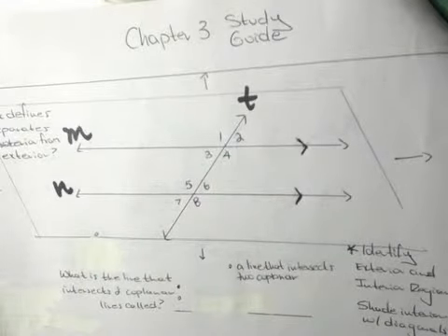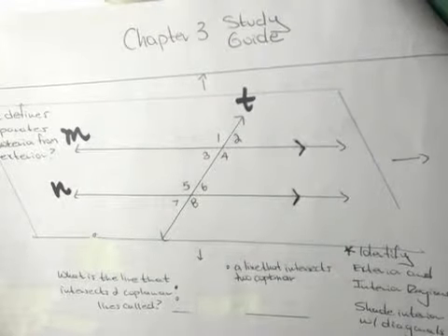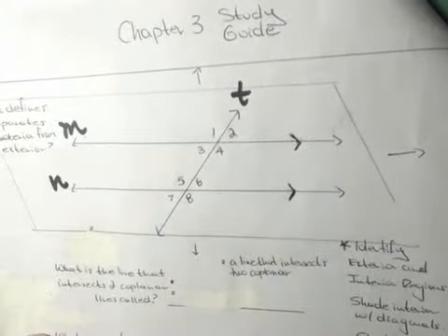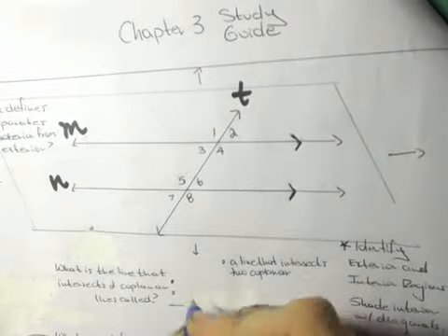Before we get into the special angle relationships that are part of parallel lines, we have to know what a transversal is and how to identify our two coplanar lines. A transversal is just the line that intersects the two other coplanar lines.